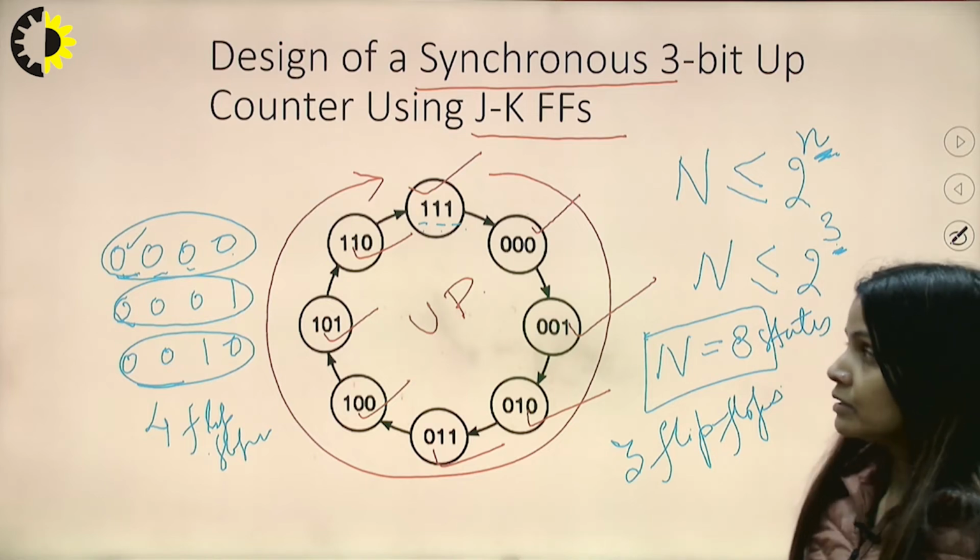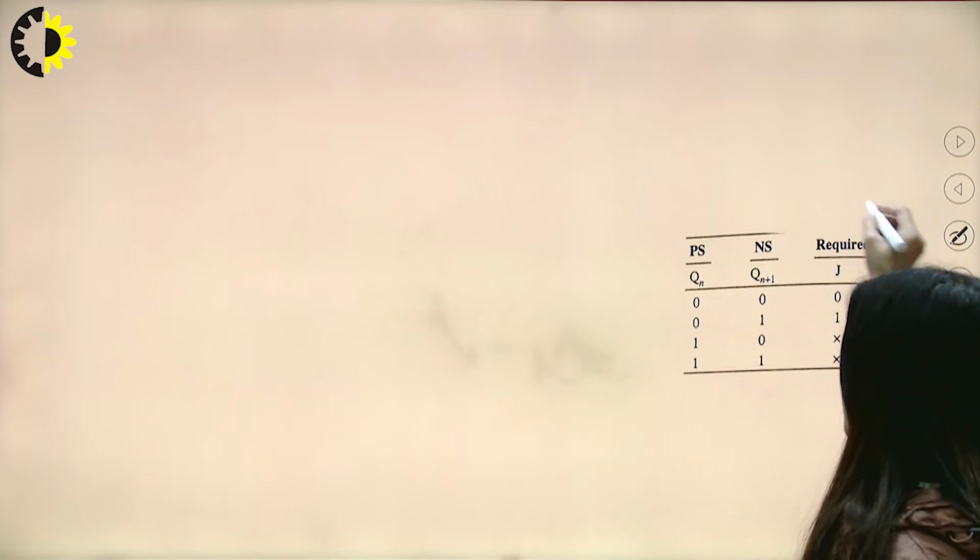Now the next part, writing the truth table. Keeping this JK flip flop excitation table in mind, we will write the truth table.